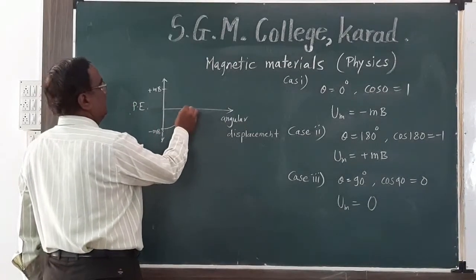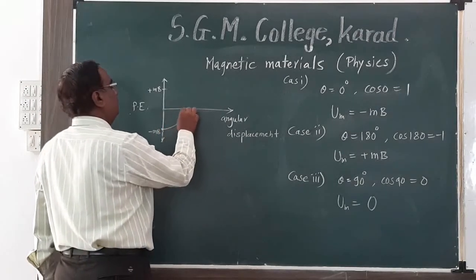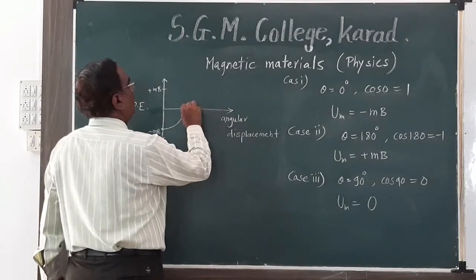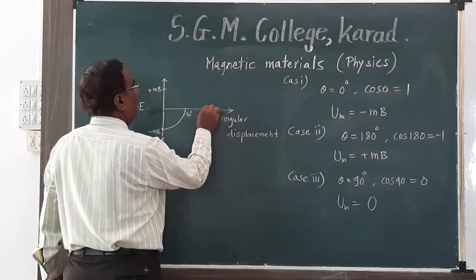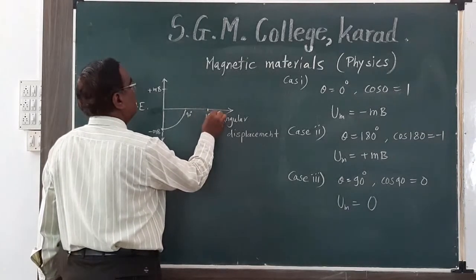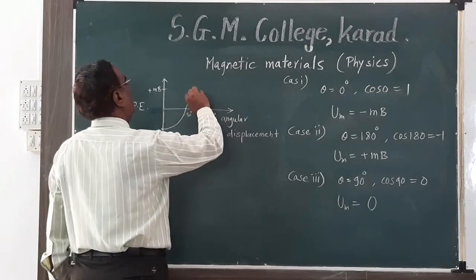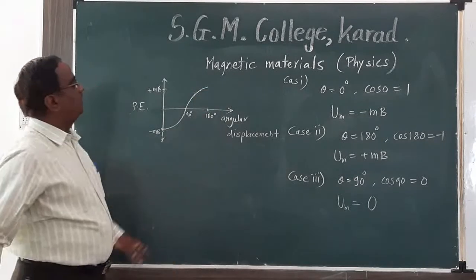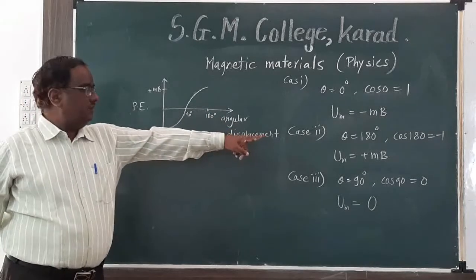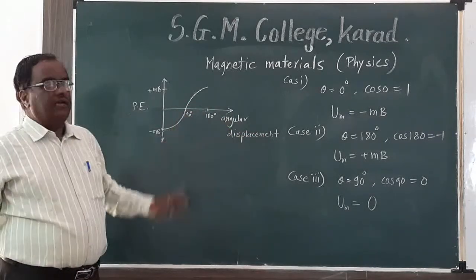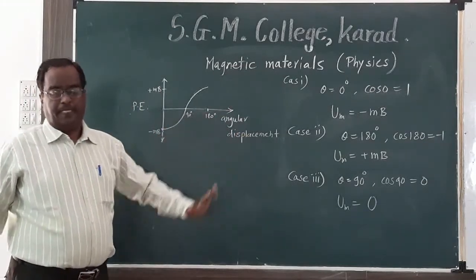Here when theta is 90 degree, potential energy becomes 0, and here it is 180 degree. Potential energy becomes plus MB when the angle becomes 180. This is the graphical representation of potential energy and angular displacement.